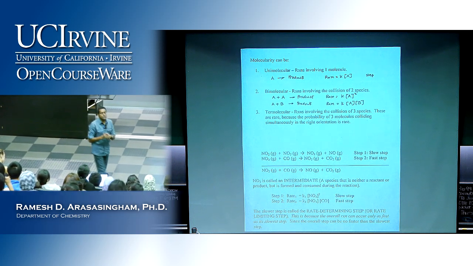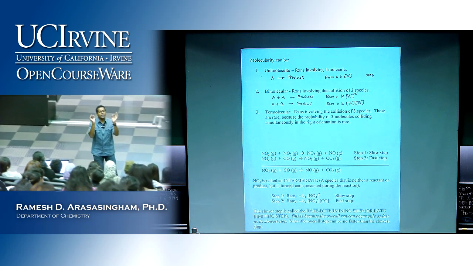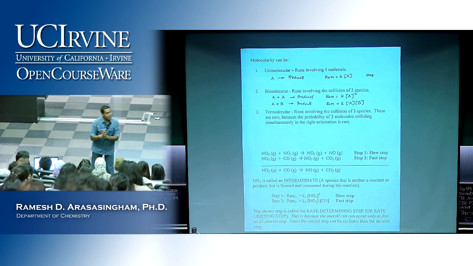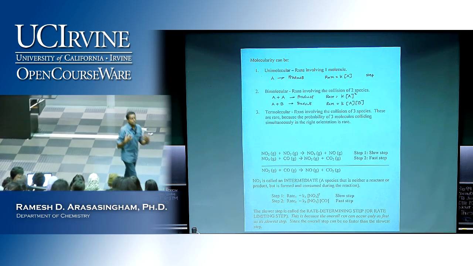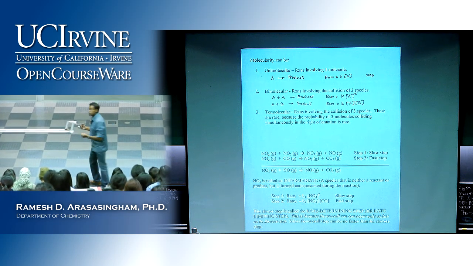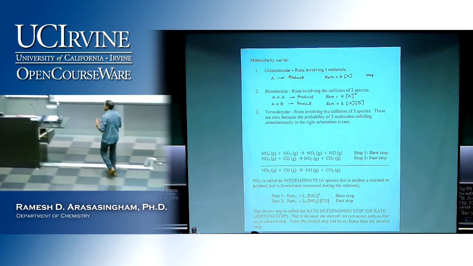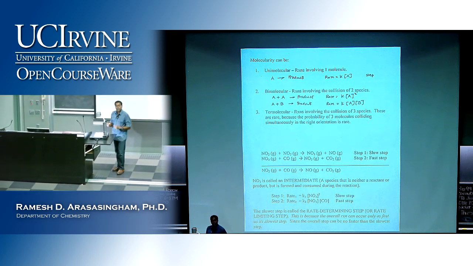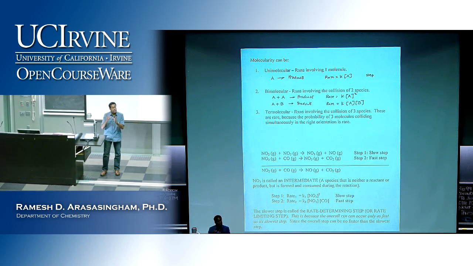When molecules are bouncing around, it's very rare that three molecules will hit at the same time. And so even though we talk about termolecular reactions, in reality, they're not experimentally observed, because it's very difficult for three molecules to hit at the same time.